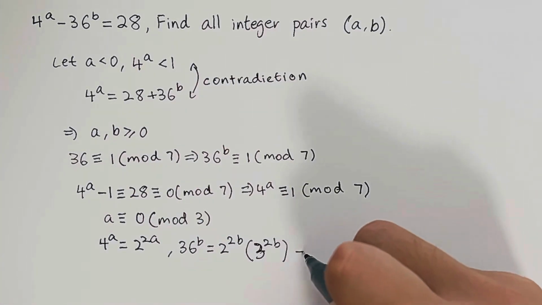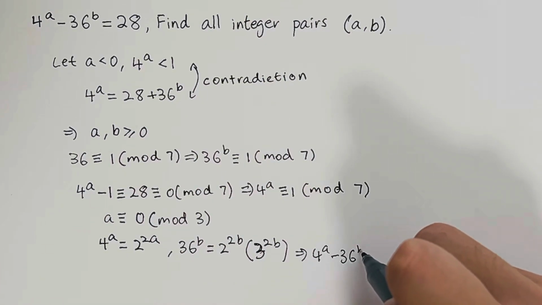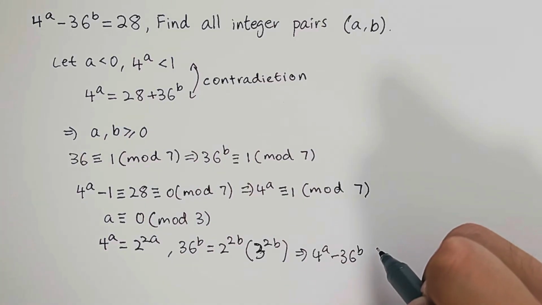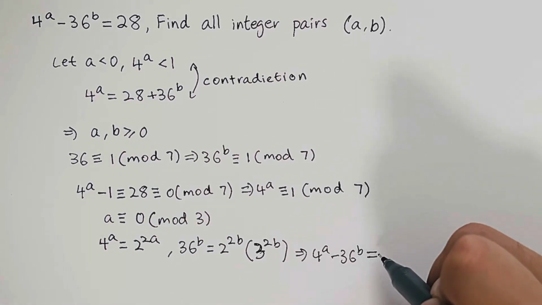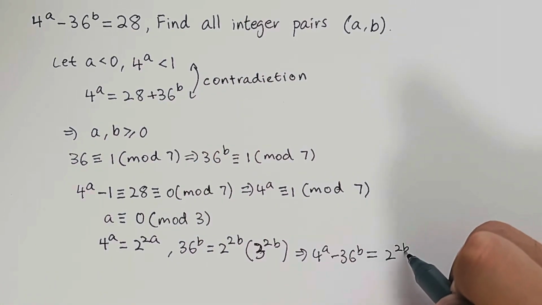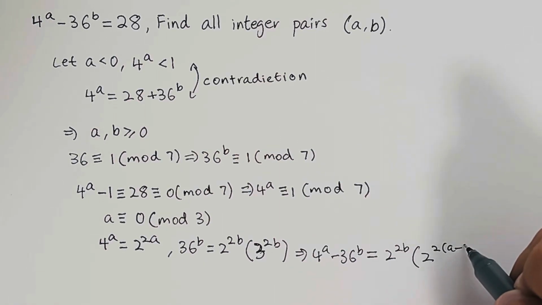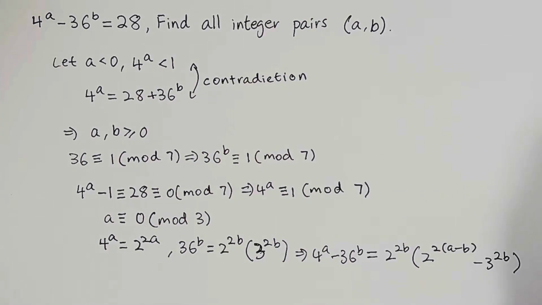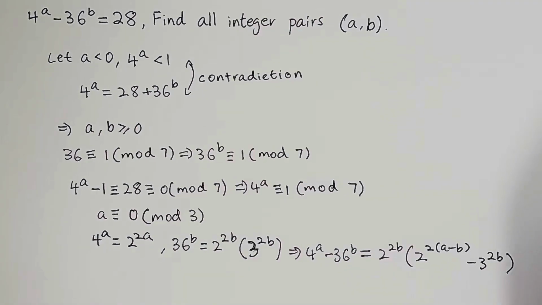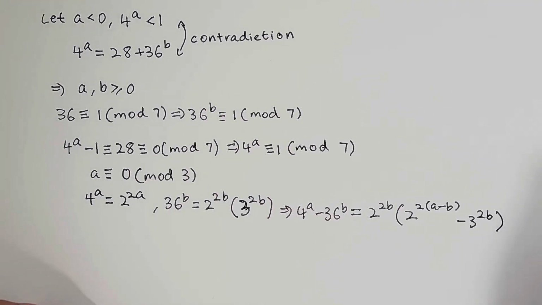So we'll have 4^a minus 36^b is equal to, after factoring out 2^(2b), 2^(2b) times (2^(2(a−b)) − 3^(2b)).